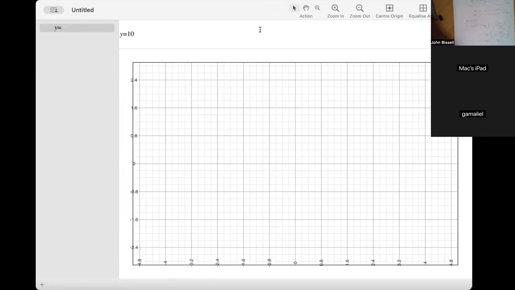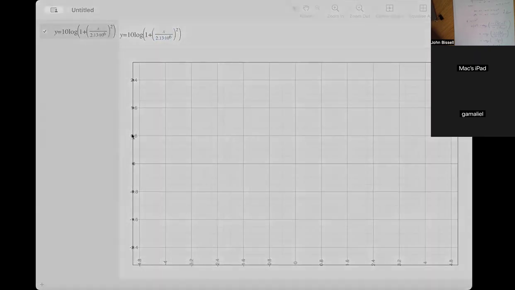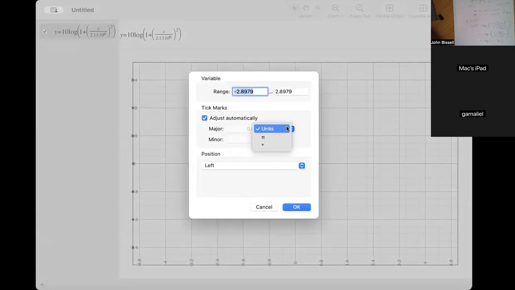So we're doing 10 lots of log 1 plus x over 2.13 times 10 to the 6, all squared. It's so hard doing anything on Zoom because anytime I try to move anything, I get these weird Zoom options.